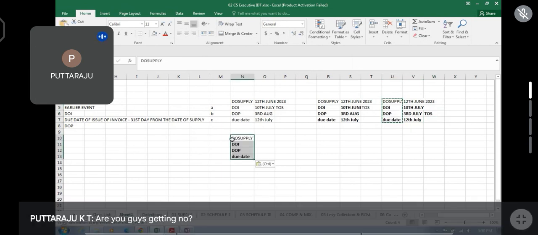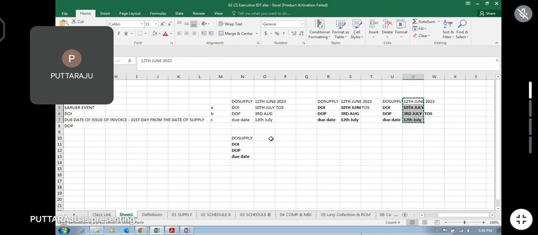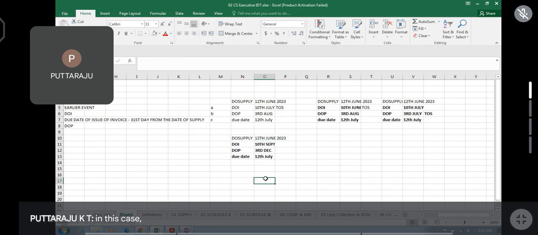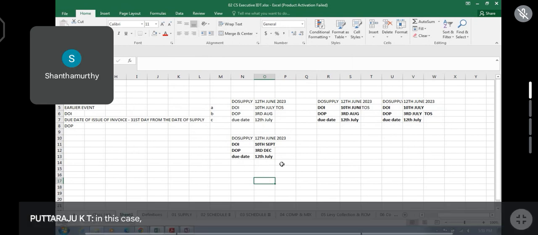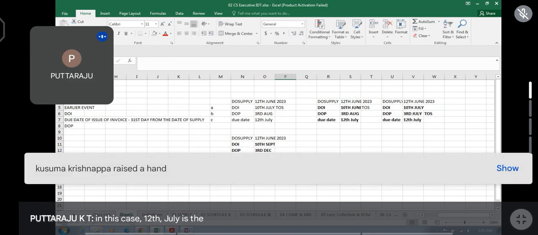Are you guys getting now? In this case, 12th July. 12th July is the time of supply. Are you guys understanding now?